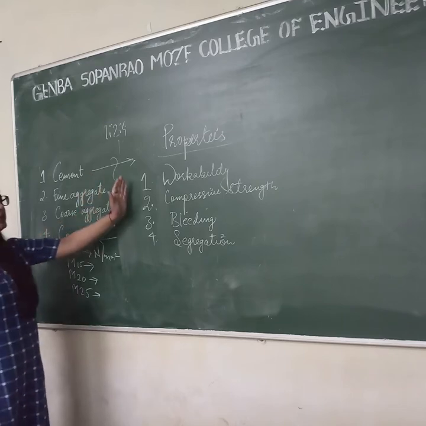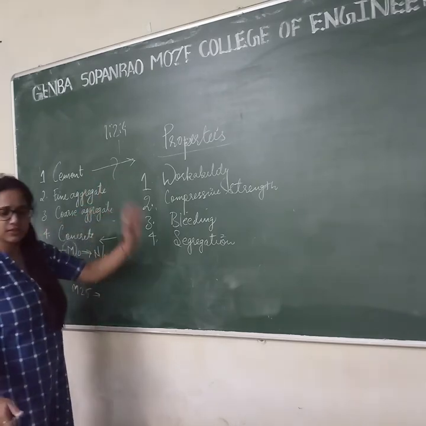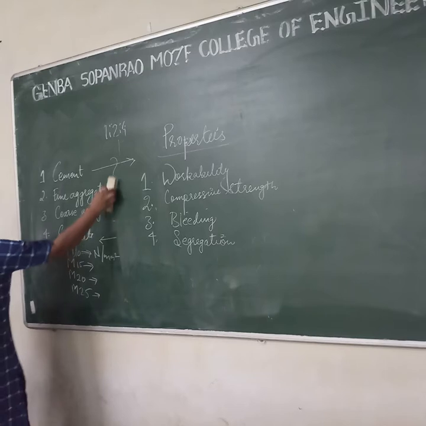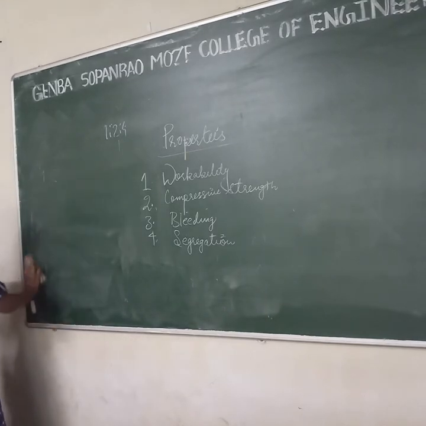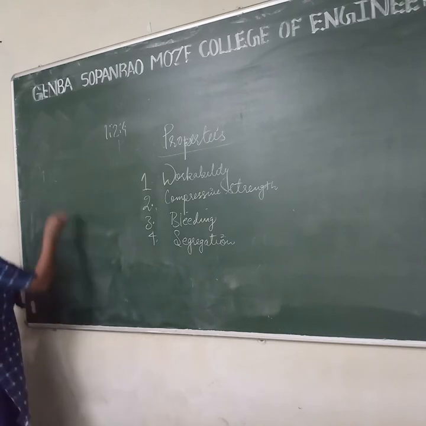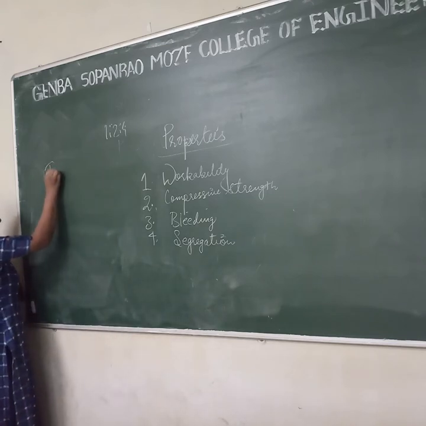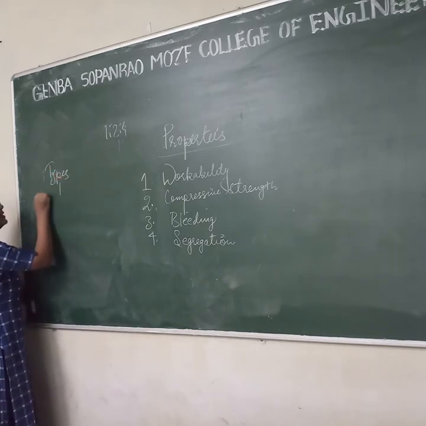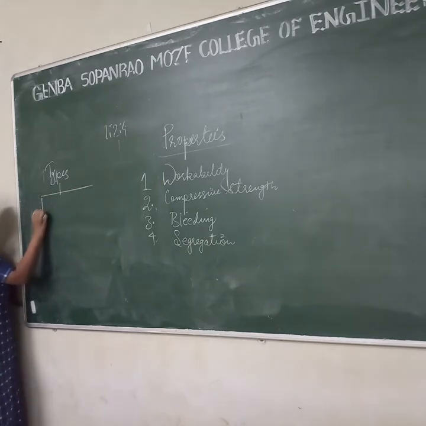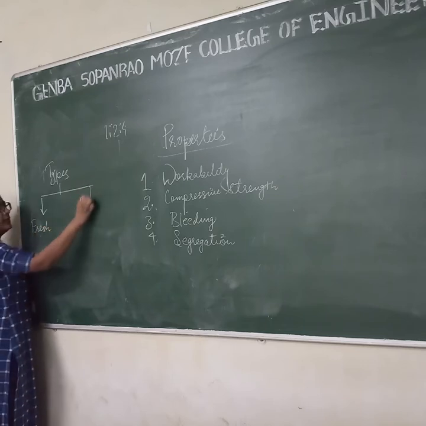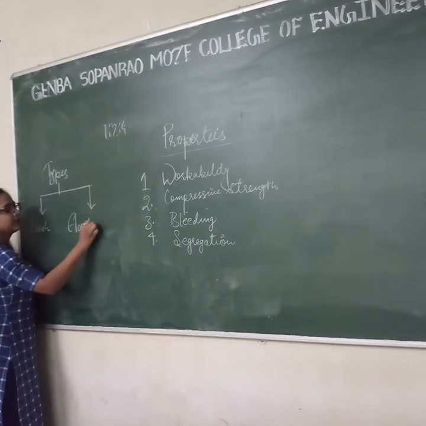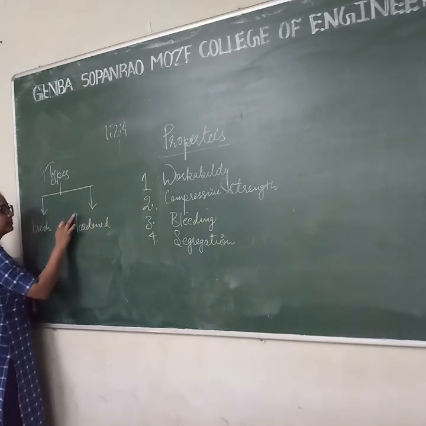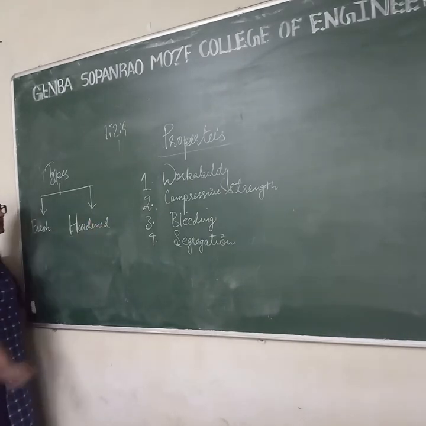But before knowing these properties, you must know about the types of concrete. Concrete is of two types. The first one is fresh concrete. The second one is hardened concrete.